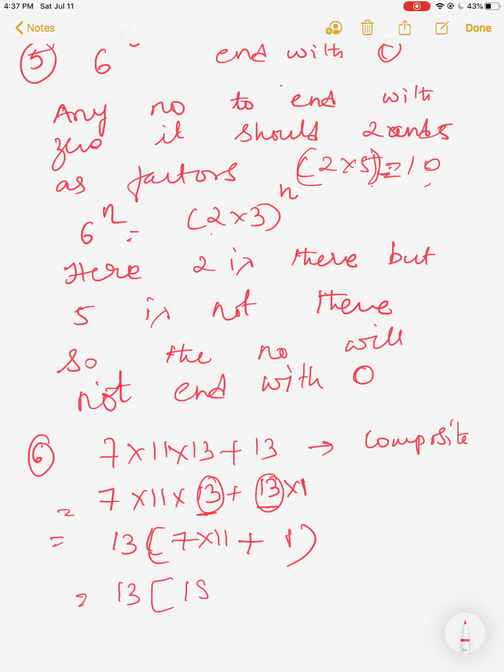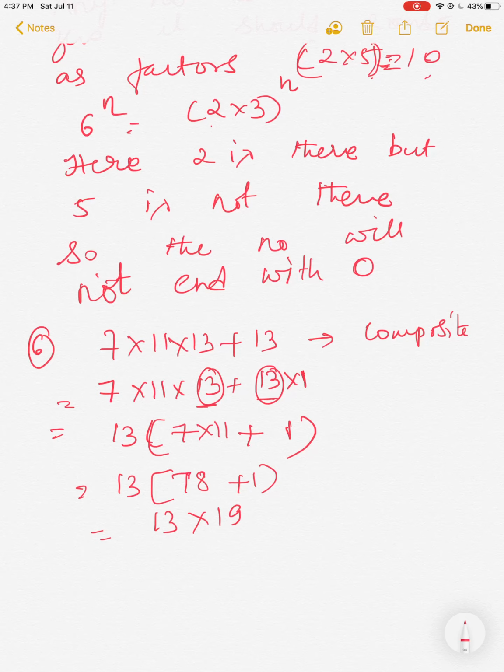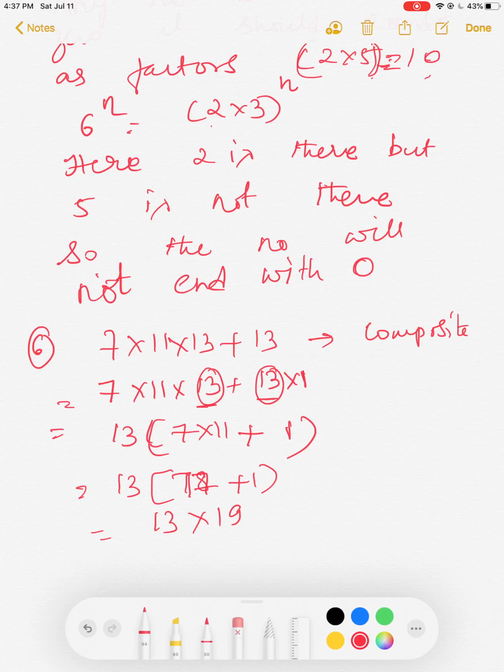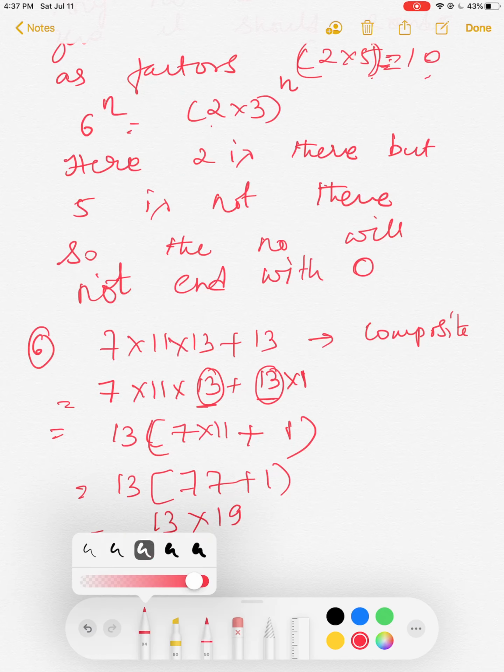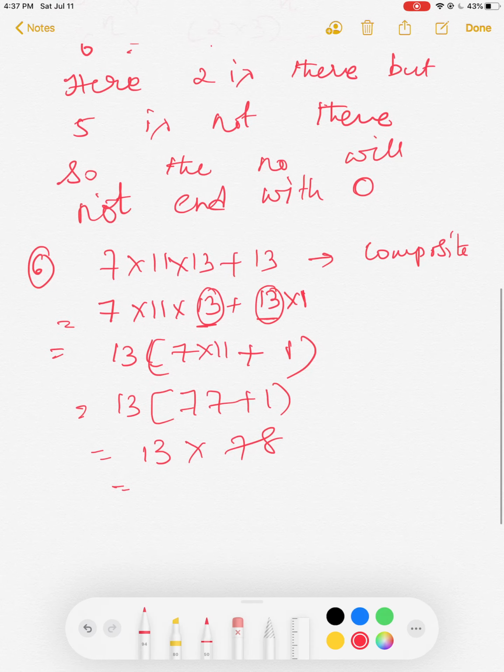So 13 into (77 plus 1), that means 13 into 78. We are writing 13 into 78.